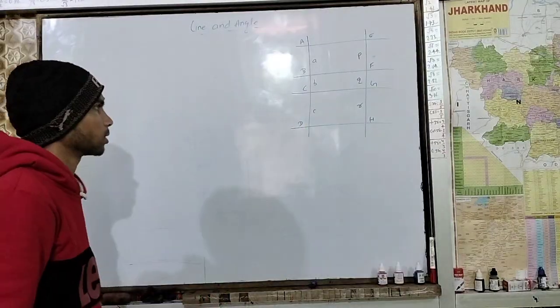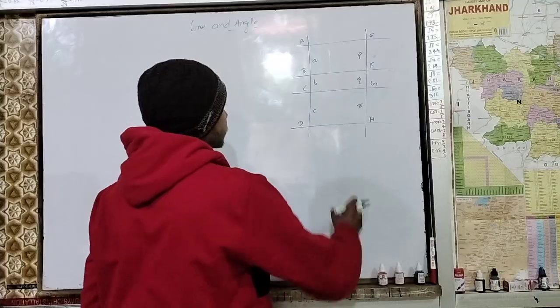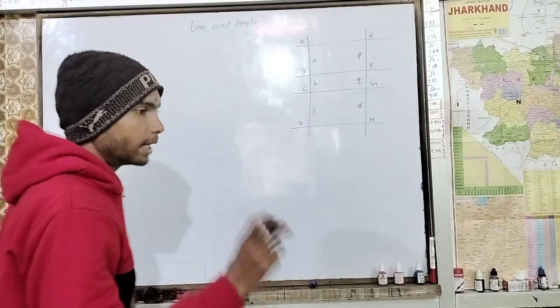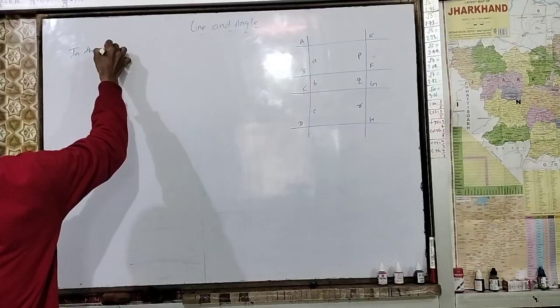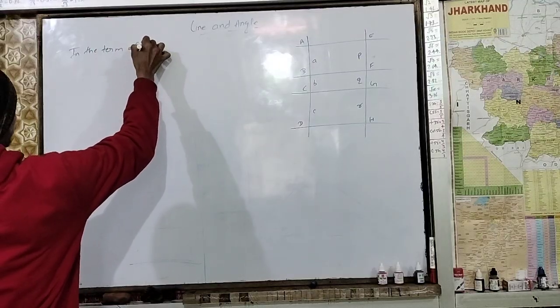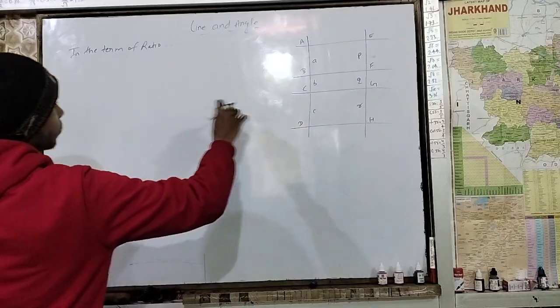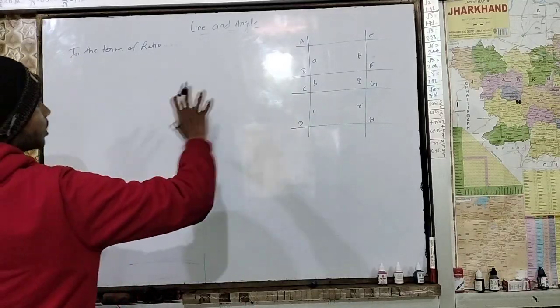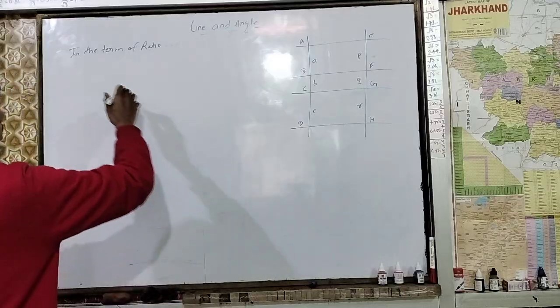There are 6 lines. In terms of ratio, we can write this figure in the language of math like this.